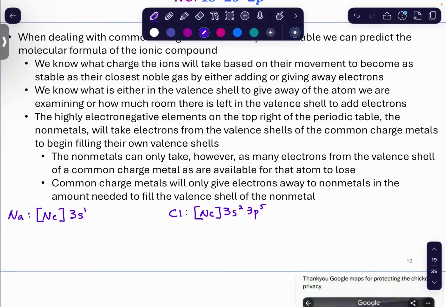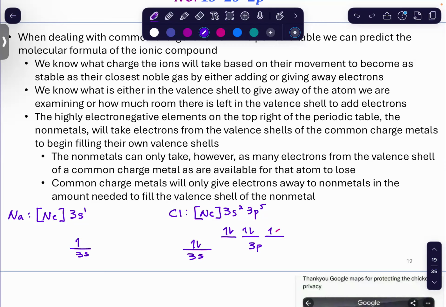There's the 3s of sodium, 3s, 3p, 1, 2, 3, 4, 5, and then there's a spot open right there.